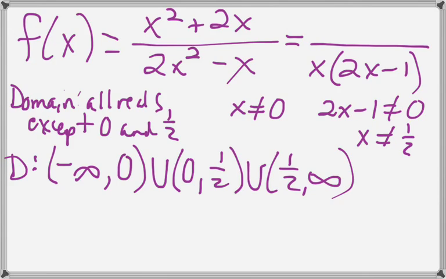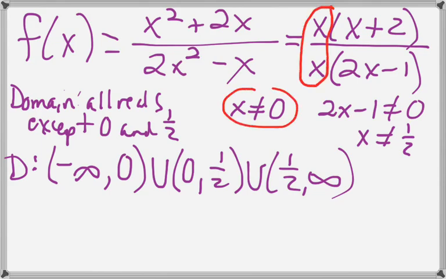And this starts giving us an idea of what the graph's going to look like. We're going to have something happening at 0 and something happening at 1/2, where we skip over those x values with either a vertical asymptote or a hole. So to figure out which x values are holes and which ones are asymptotes, we also need to factor the numerator here, and we need to look at whether or not the factor appears in both places. So for example, this factor x, which led us to exclude 0 from the domain, appears in both the numerator and the denominator.